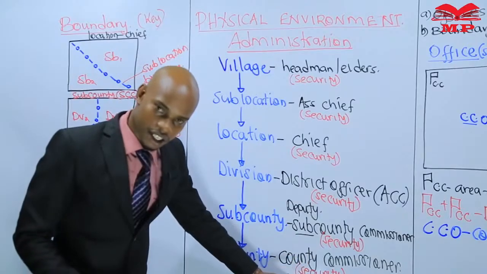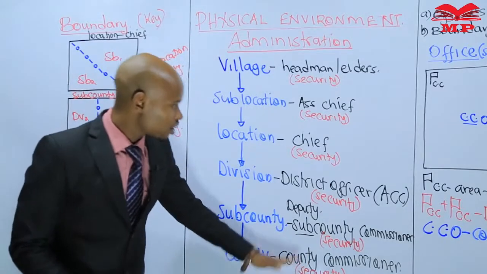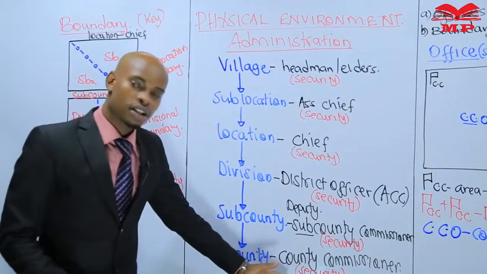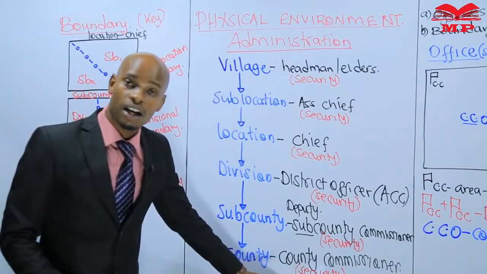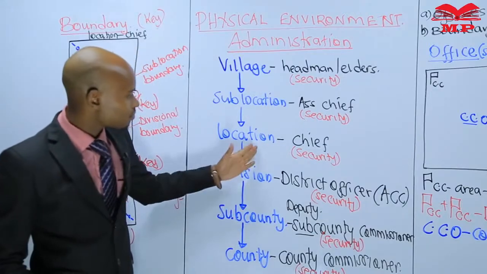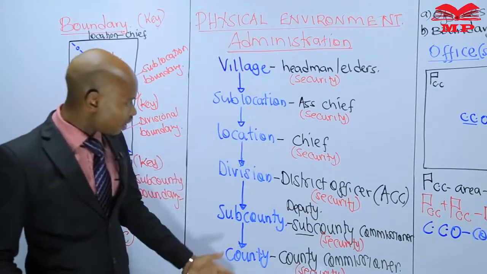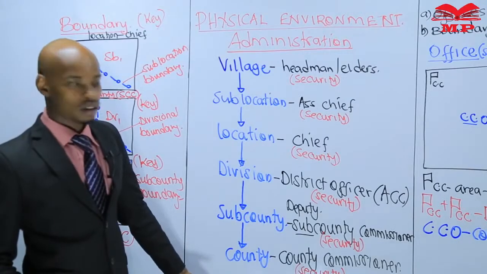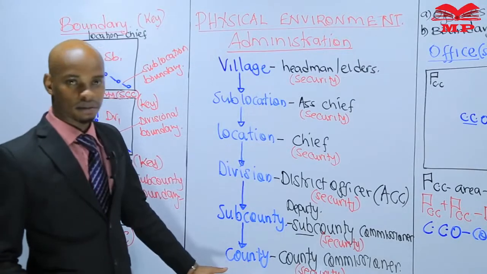And the administrators, as I've explained, they represent the national government in those specific areas. And that is why in our administration, there is nowhere we have written the governor.